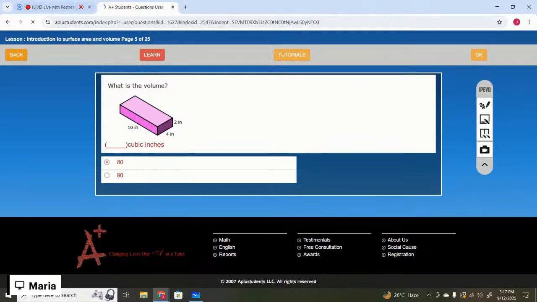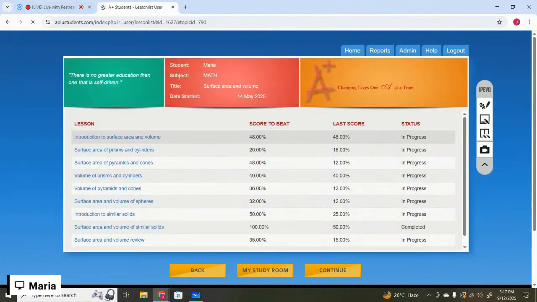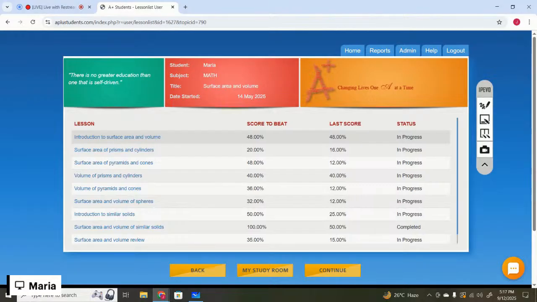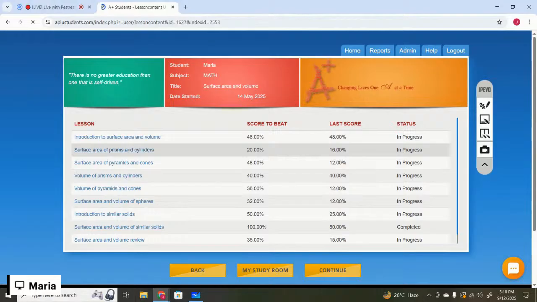The next lesson is surface area of prisms and cylinders.